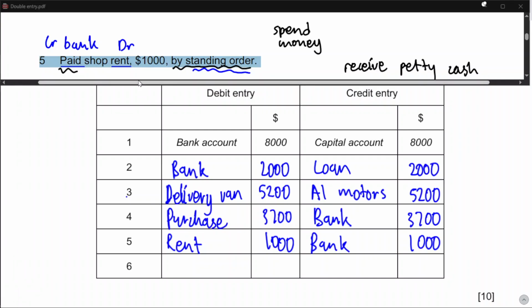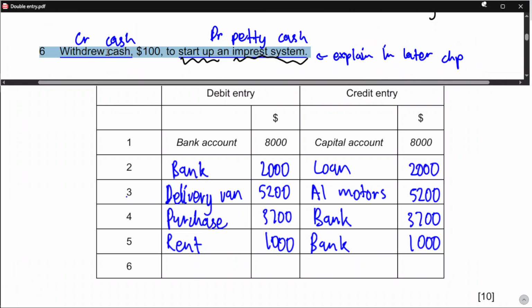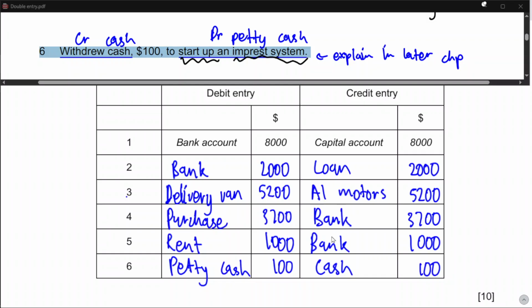Credit cash, debit petty cash by 100. Okay, we are done with this question.